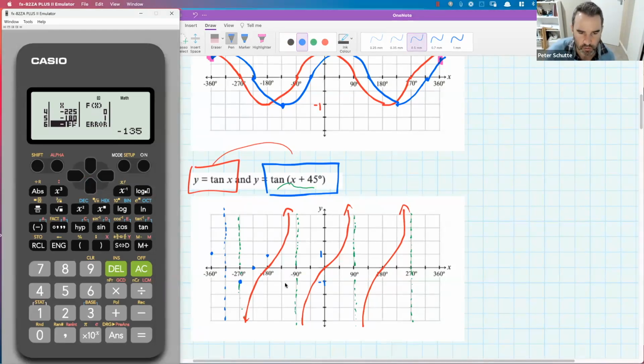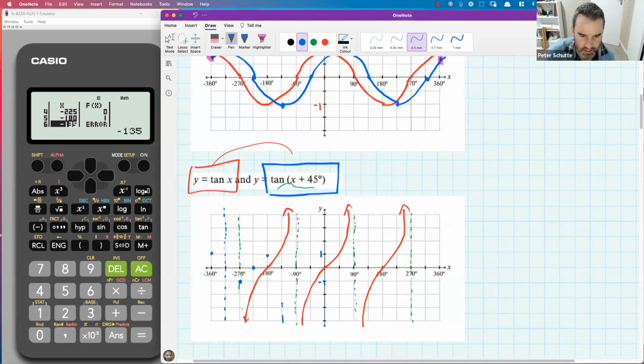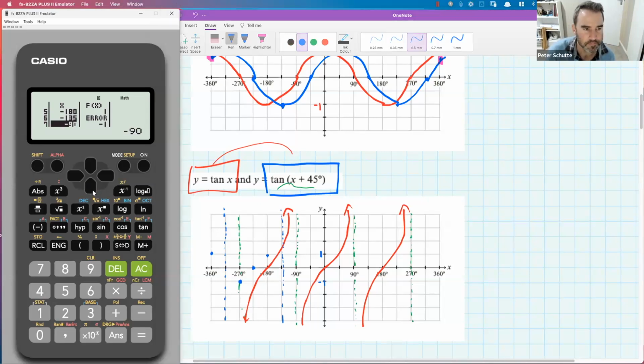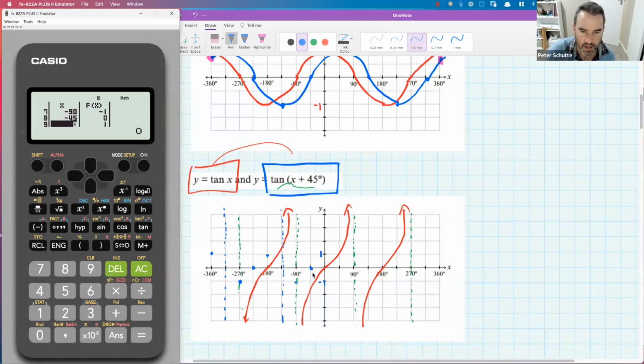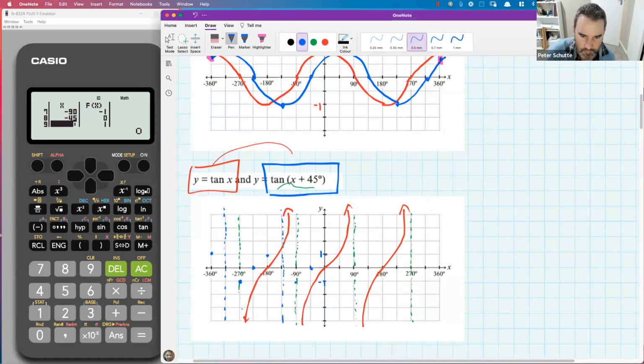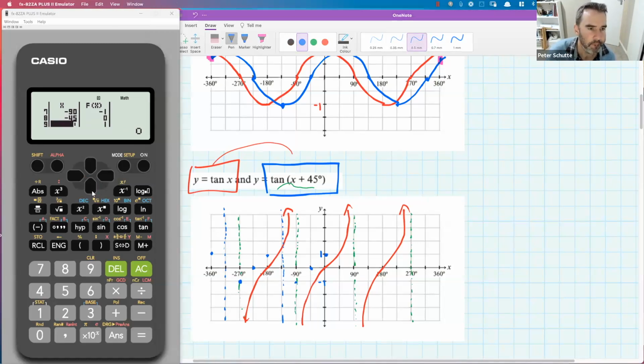Then I've got minus 135. Now, this is actually an indication of another asymptote. Now I've got minus 90, minus 1, which is here. I've got minus 45, 0, which is here. I've got 0, 1, which is here. I've got 45 and error.